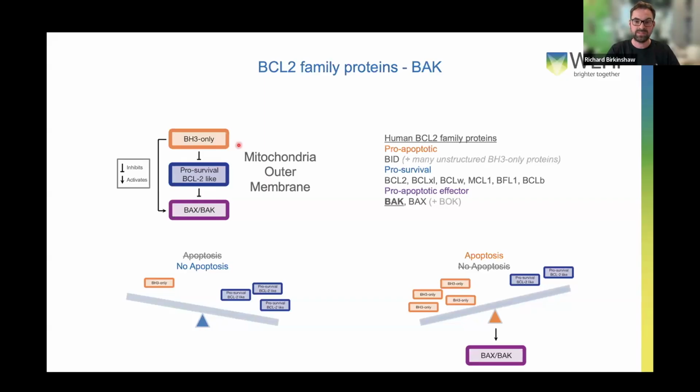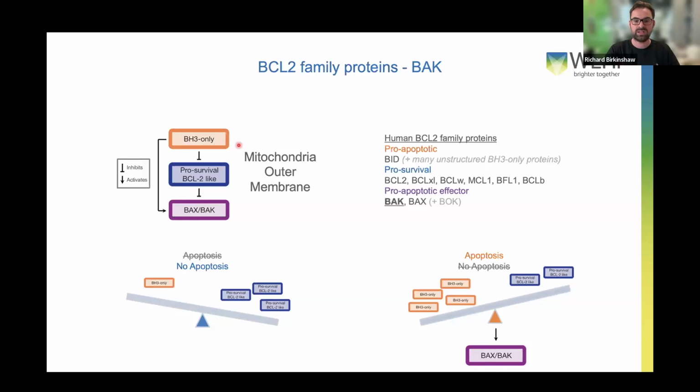We have multiple members of these different families. Most relevant to today's talk in the pro-apoptotic group is BID. So anytime I mention BID during this, it is normally a protein that will promote apoptosis. We then have the pro-survivals, relevant to this talk particularly MCL1, and I've already mentioned BAK as a pro-apoptotic effector.